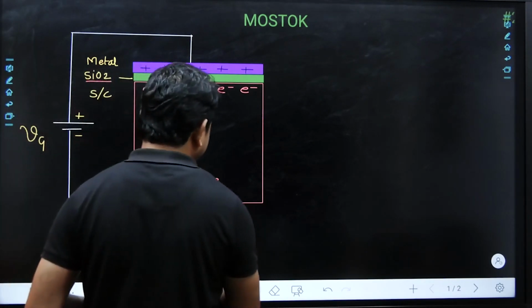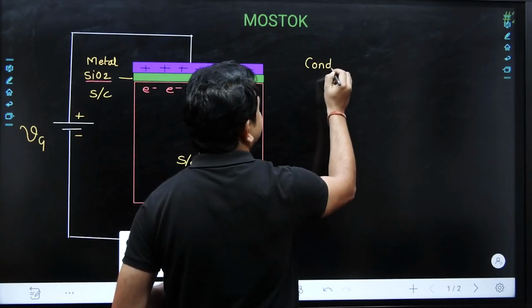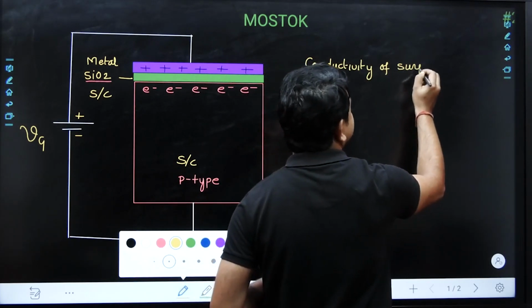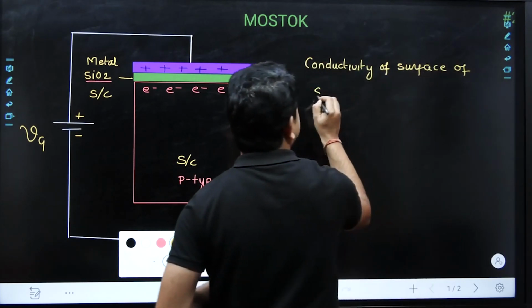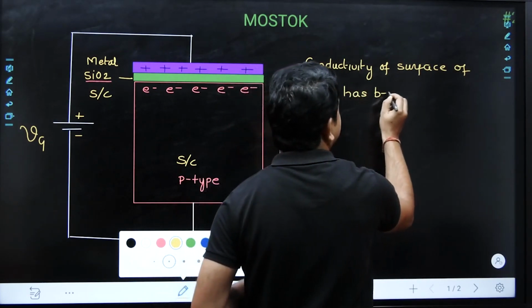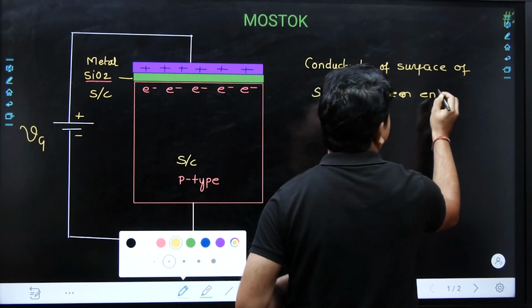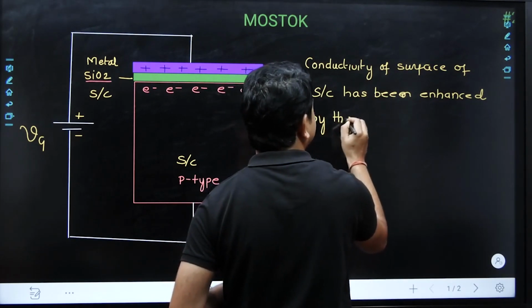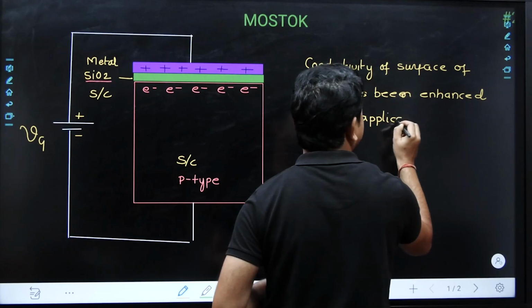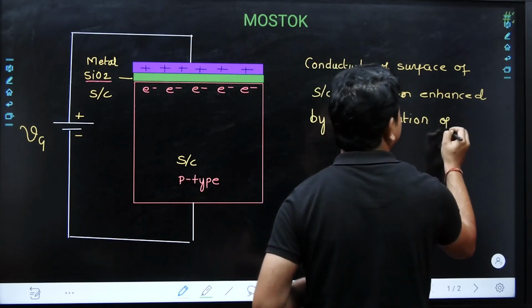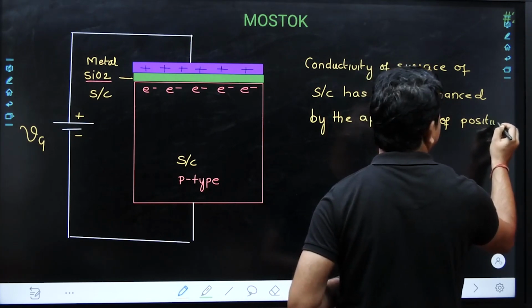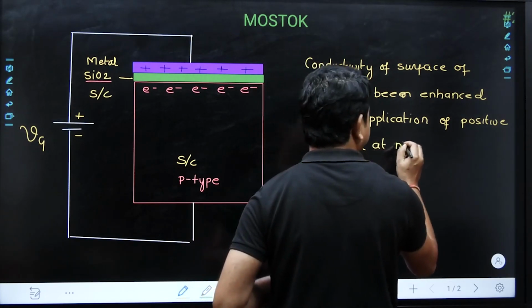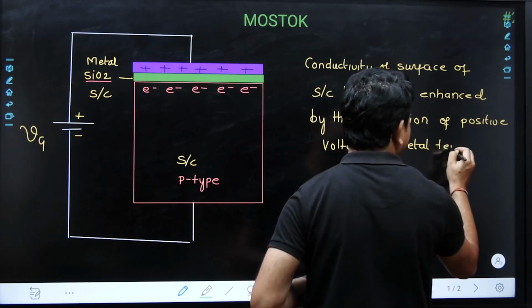So I can write here that the conductivity of the surface of the semiconductor has been enhanced by the application of positive voltage at the metal terminal.